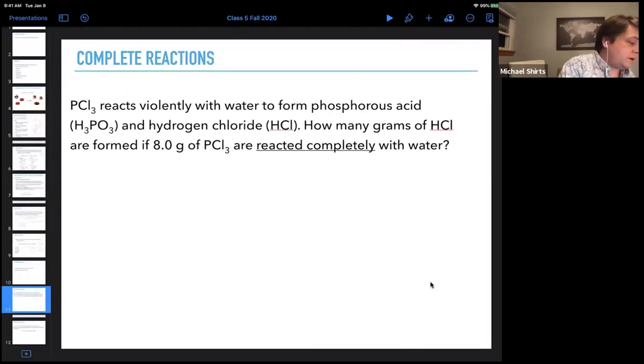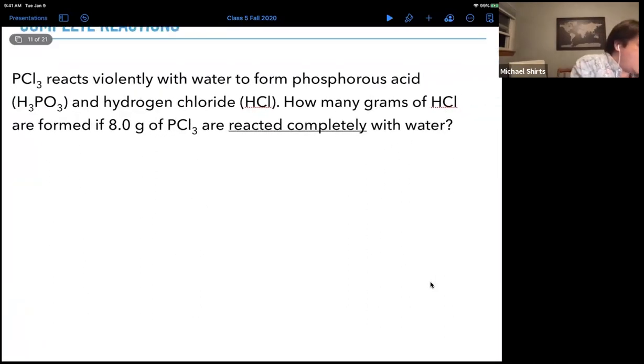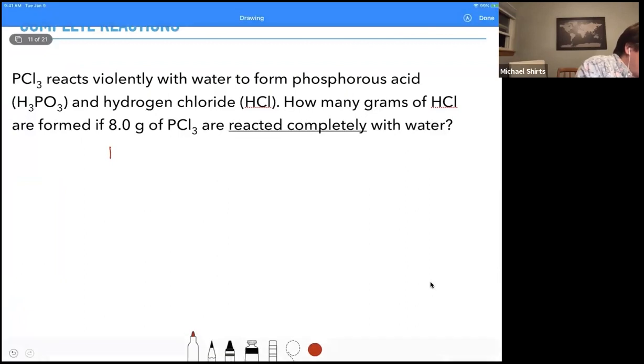Okay, so let's write down the equation. That would be PCl3 plus H2O goes to H3PO3 plus HCl, and we'll do our algebraic way of balancing the equation, just for good practice, with A, B, C, D. For this problem, it doesn't really matter how you do it as long as you get a balanced reaction at the end, but we'll do the algebra just for practice.